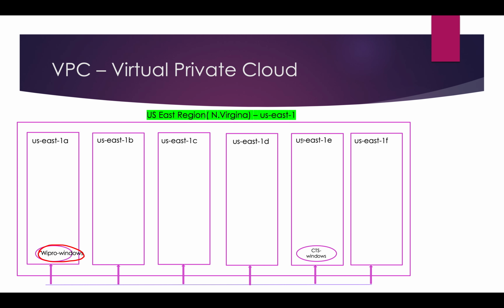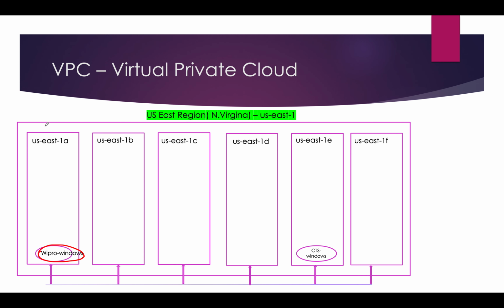Please try to understand. When I create a Linux server or Windows server in an availability zone, how will the communication happen? By default, when you have data centers, all will be interlinked. If you see here, these arrow marks 1 2 3 are the default configuration given by AWS. Why?